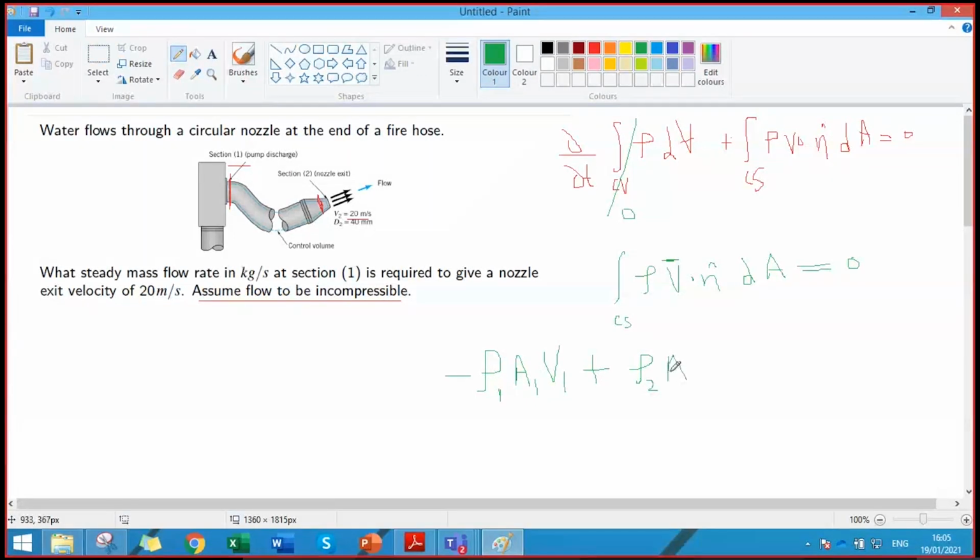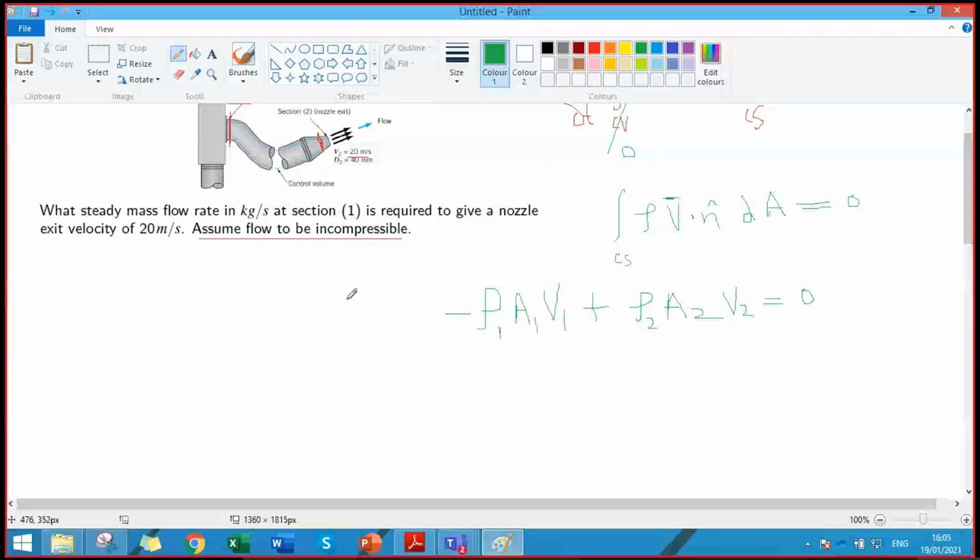Now we can eliminate the density from this problem. Why? Because it is allowed that we can assume this flow to be incompressible. So rho 1 equals rho 2, and then we'll only be left with A2 V2 equals A1 V1, right?